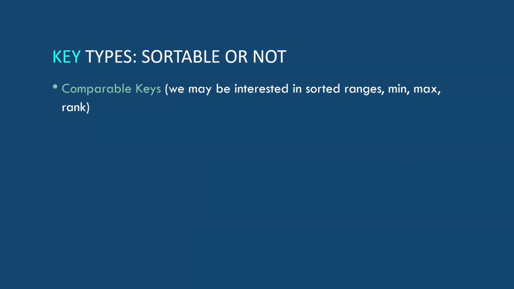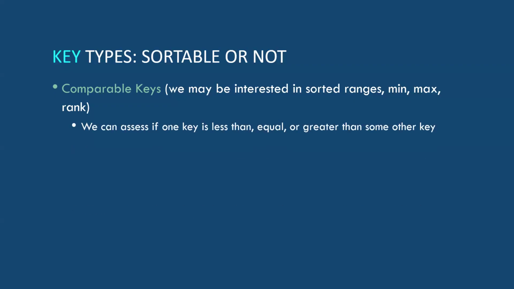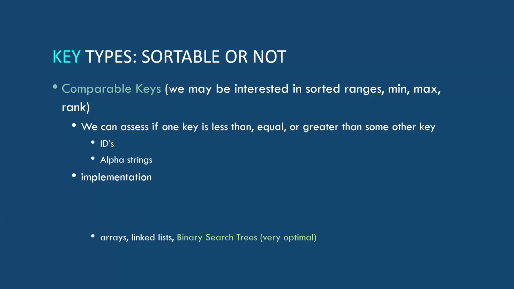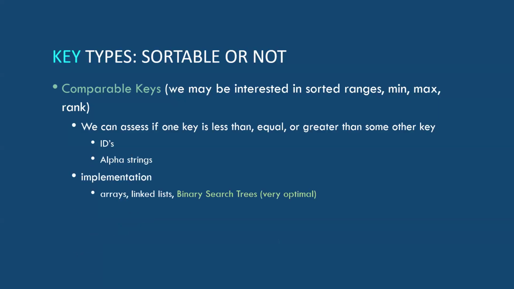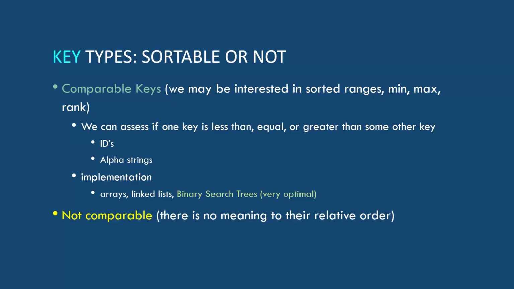But if we were interested in getting the minimum of something in the database or the maximum or a range of people whose names go from like A to Q, well, then we need to actually have our implementation support that through comparable keys. Okay. So IDs, alpha strings, you name it. We can find all sorts of ways to do that. And the underlying implementation is going to be one of these things we've already studied, binary search trees.